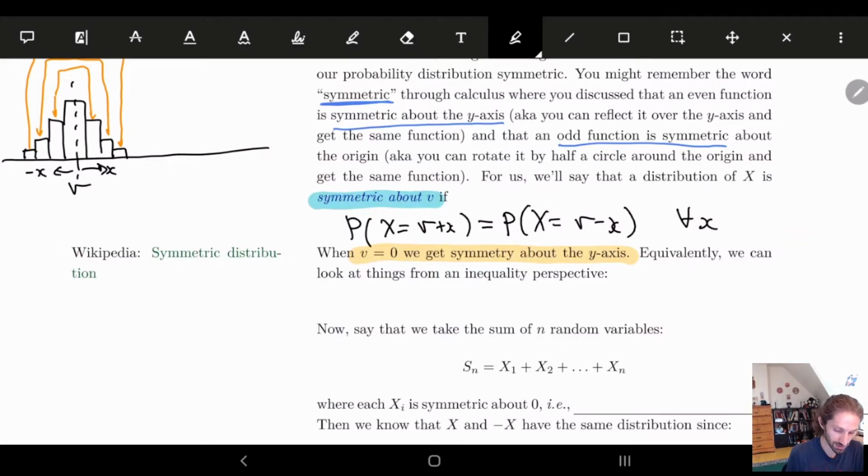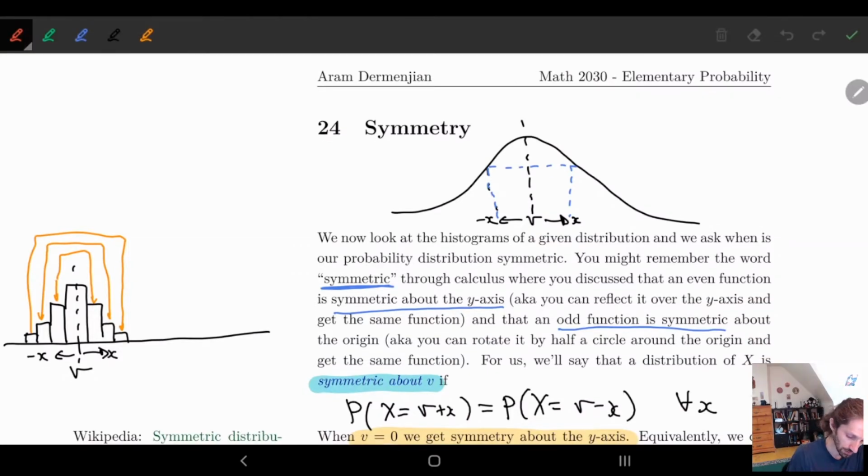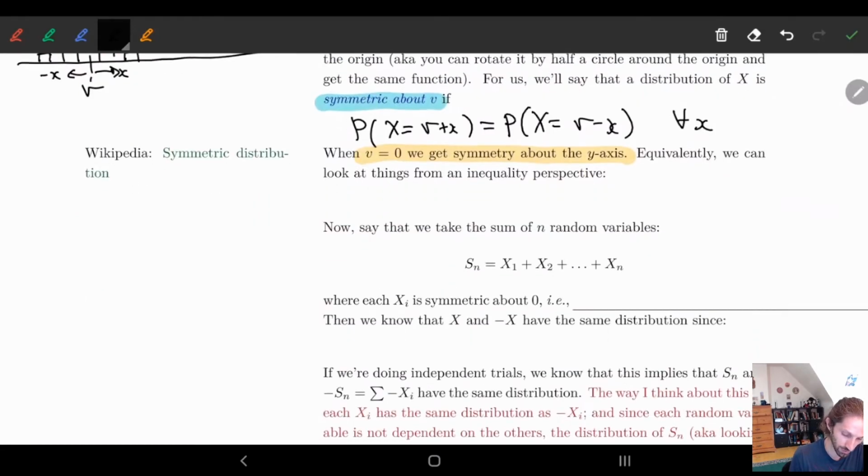Equivalently, with the normal curve, we actually for a while looked at less than or equal to or greater than or equal to, because we're thinking of areas. If we're looking at some area here, this area should be the same as this area here. In that case, we can look at this in an inequality kind of way.